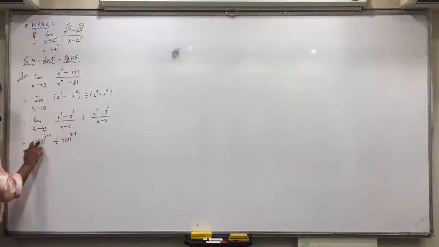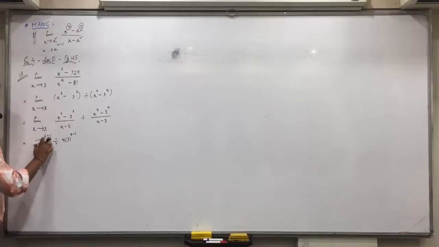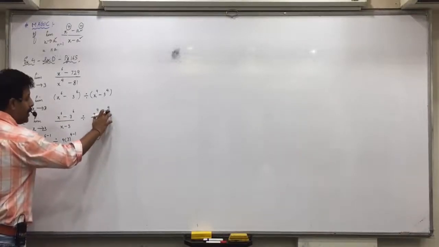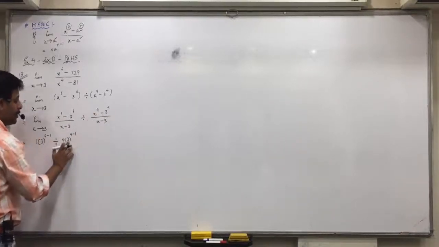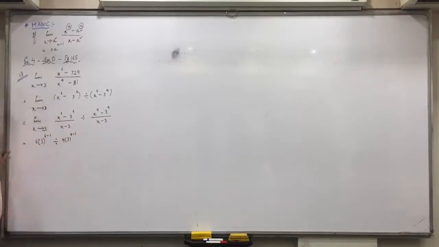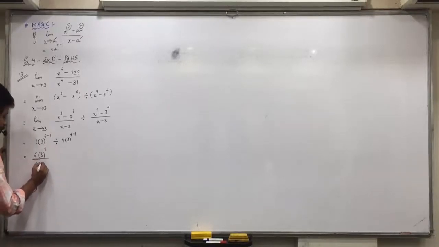Any confusion in this? Raise your hand who is not clear with it. Now 6 into 3 raised to 6 minus 1, which is 5. Now again write in the normal order, upon 4 into 3 raised to 4 minus 1, which is 3.